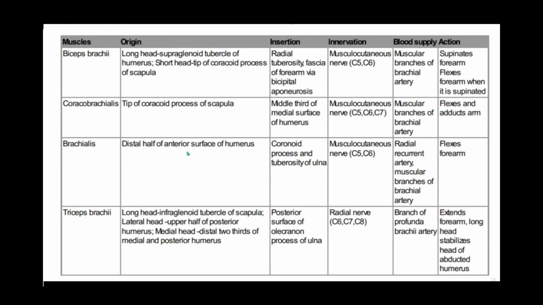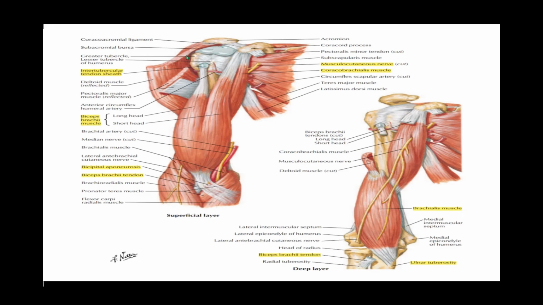So very brief revision again: biceps brachii, long head from the supraglenoid tubercle. It emerges and joins with the short head that comes from the tip of the coracoid process, and they form the belly of the biceps brachii, and then it has two insertions: the biceps tendon into the radial tuberosity and the bicipital aponeurosis, via which it blends into the deep fascia of the forearm.